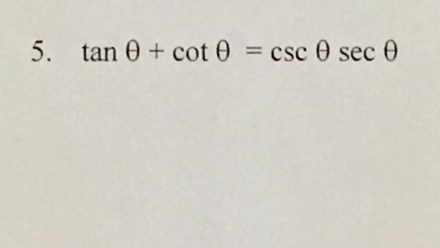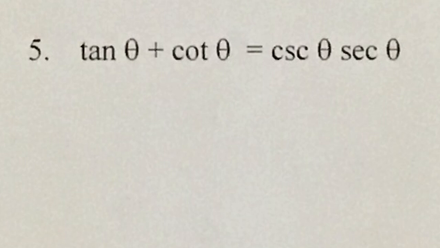Number 5. This problem says if I take the tangent of an angle and I add it to the cotangent, so we have a plus sign, we're adding two trigs together, that's the same as if I took my cosecant of the angle and multiplied it by the secant. So this problem is asking us to take addition and change it into multiplication.